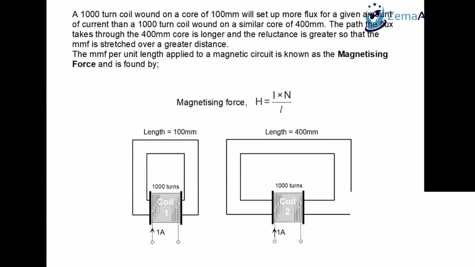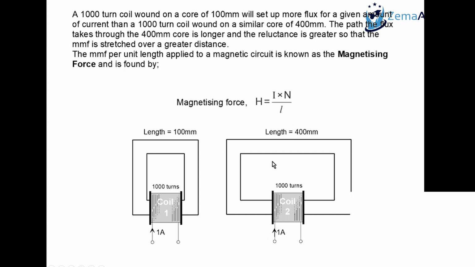Now, this is a simple example question. If we have a fixed number of turns on a piece of core of a material, let's say 1,000 turns of a coil wound on a piece of material, and the two materials have different lengths. One material has 100 millimeters and the other has 400 millimeters.